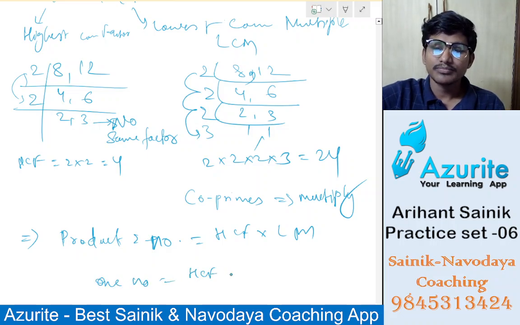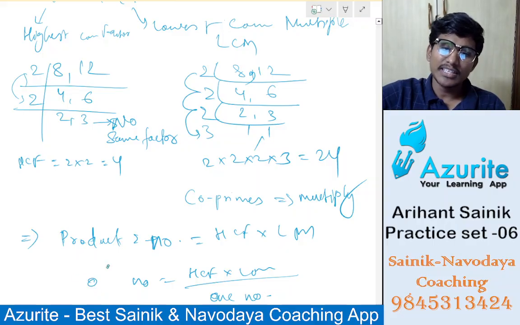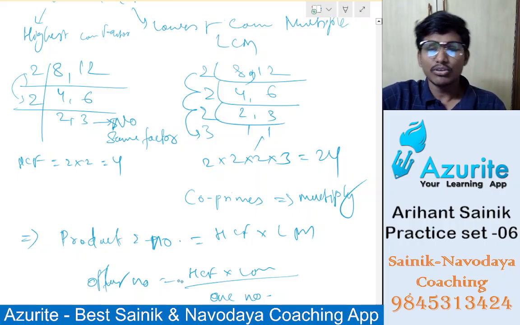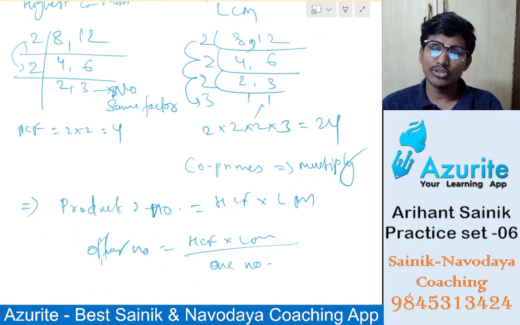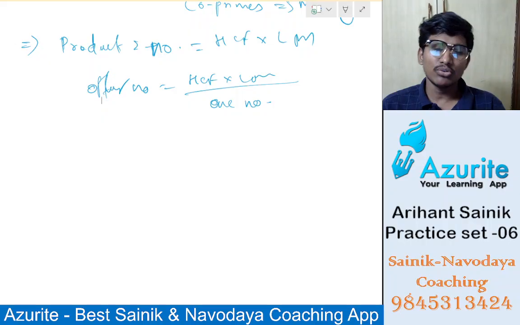HCF into LCM divided by the other number. If you want to find the other number, we have to divide with one number. So to find the other number, we multiply HCF and LCM and divide with one number. Understood? Okay, now let's go next.